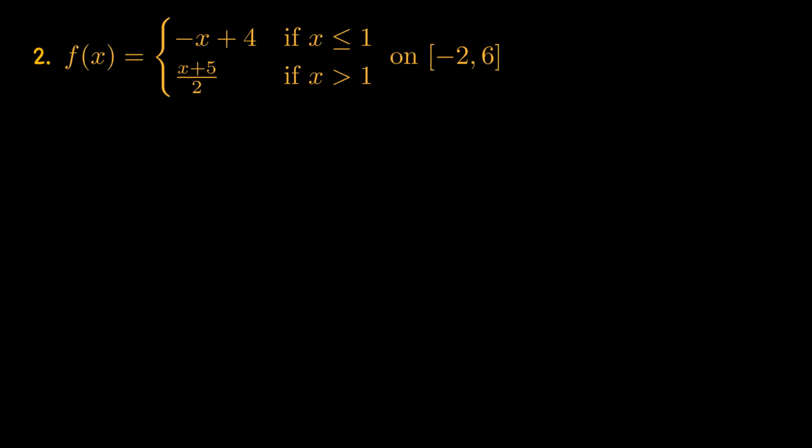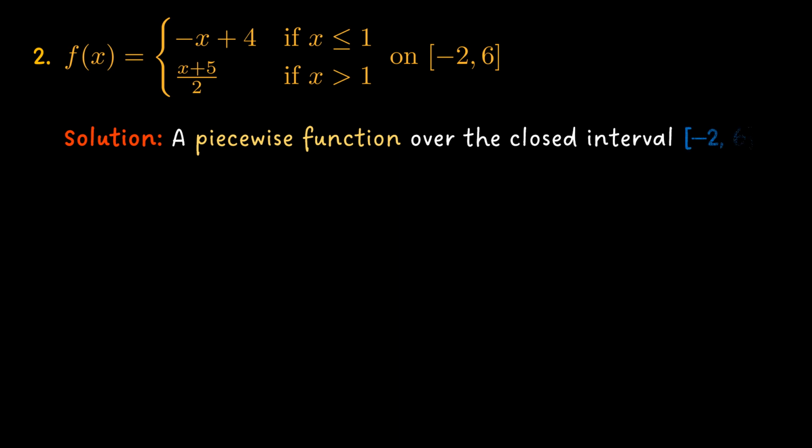Number 2. f of x equals -x plus 4, if x is less than or equal to 1, and x plus 5 all over 2, if x is greater than 1, on the closed interval -2, 6. Solution. f is a piecewise function over a closed interval -2, 6.